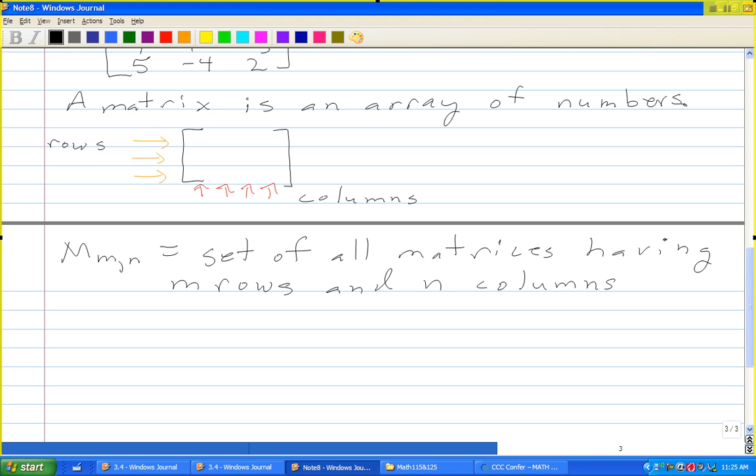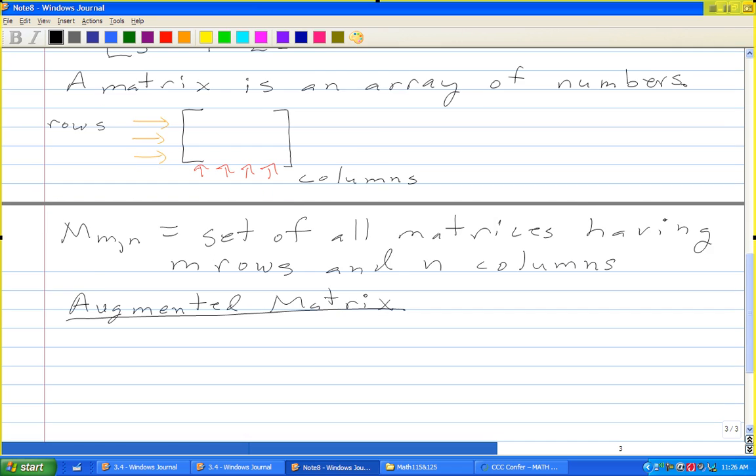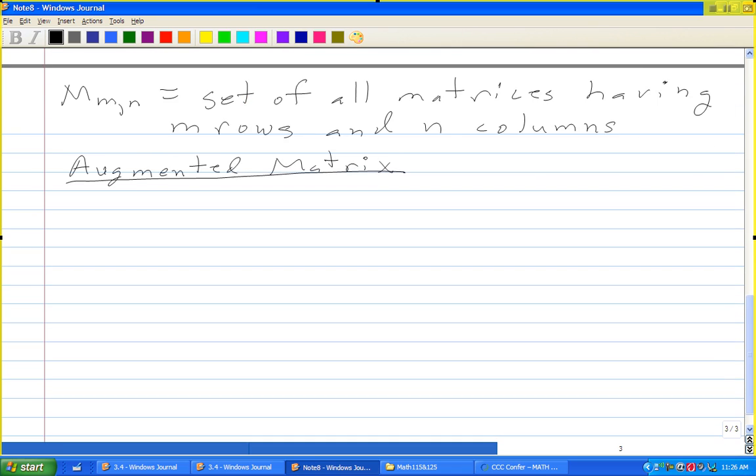So another term, an augmented matrix. If I adjoin two matrices together, two or more matrices together, then I'll call it an augmented matrix.